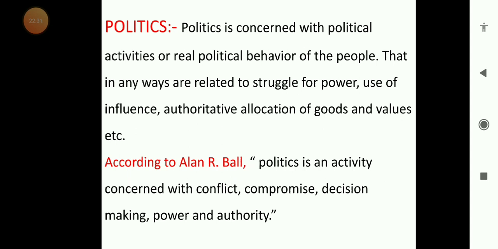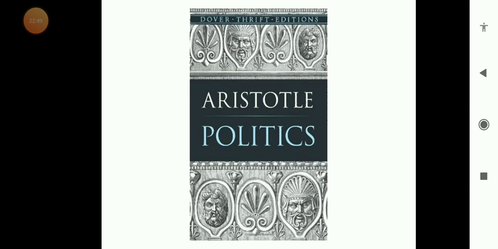In democracy, the ultimate authority is the people, right? We, the people of India, are the ultimate authority in a democratic country such as ours, right? So politics is concerned with the real political behavior and real political activities of man. So this is the book Aristotle wrote, named Politics.